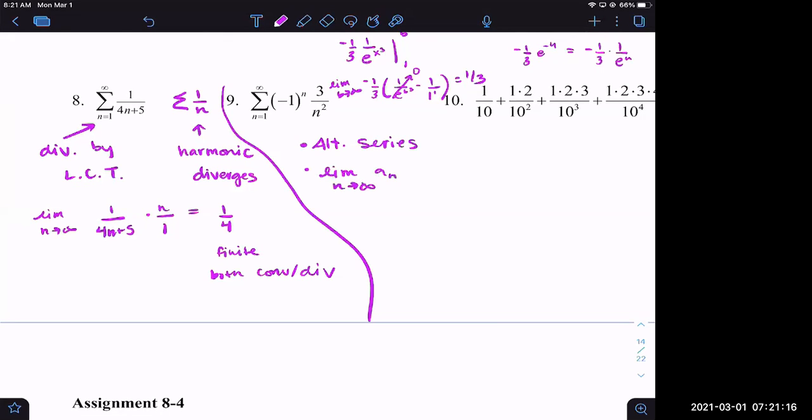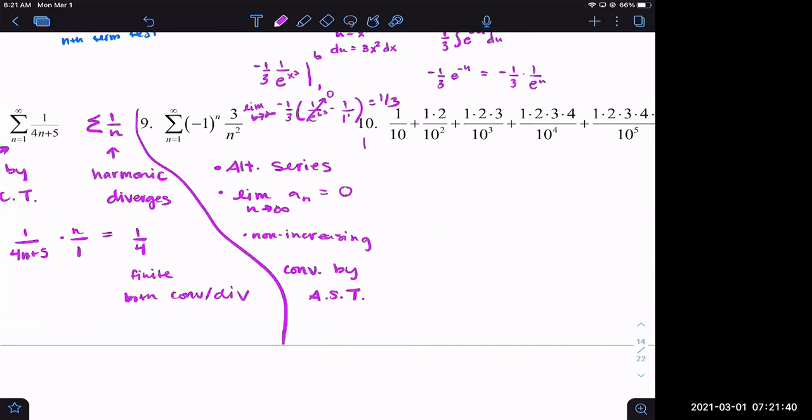Make sure you write that a sub n, you left that off on your test. Is 0. It is bottom heavy, so it is 0. And then the terms are non-increasing. So therefore, this series converges by alternating series test. Remember, the alternating series test can only prove convergence. You could never make a statement that a series diverges by alternating series test.